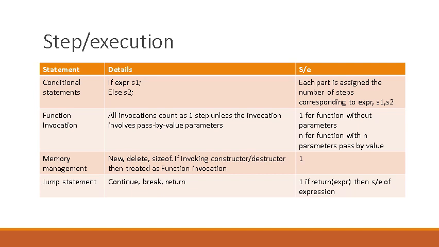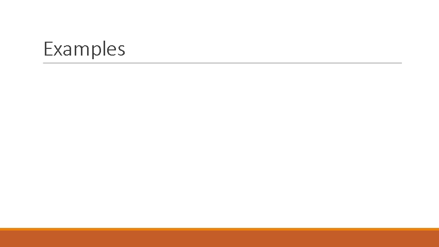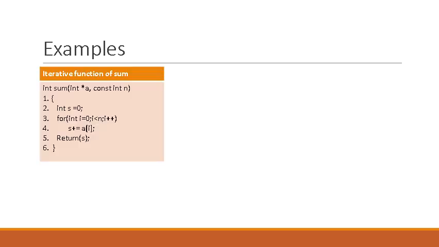Okay, we will see one example like we have seen for space complexity: the same function, addition of n numbers. Now we have to calculate the time complexity of this. We have to find the step counts.